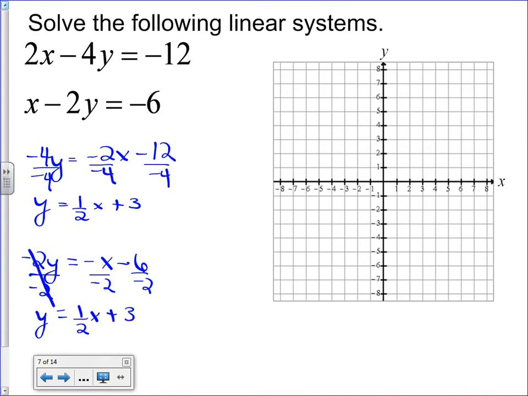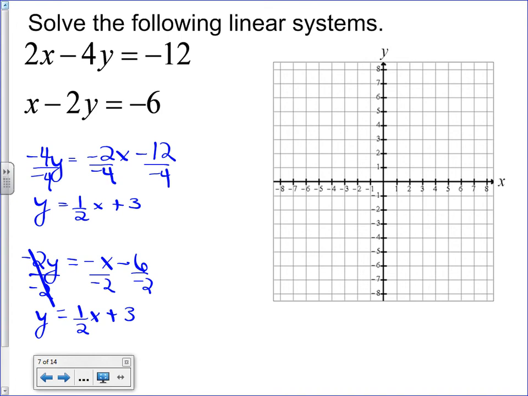Negative 6 divided by negative 2 gives me positive 3. What do you notice about these two equations? They're the same. So if they're the same equation, how many points of intersections do they have? All of them, everything.